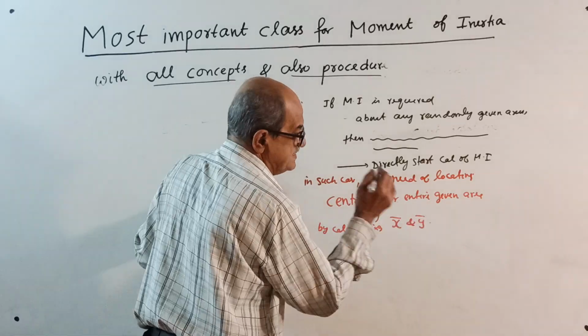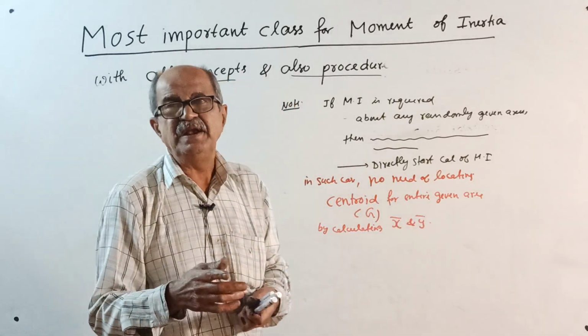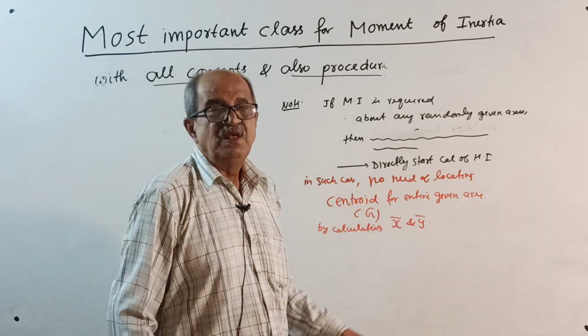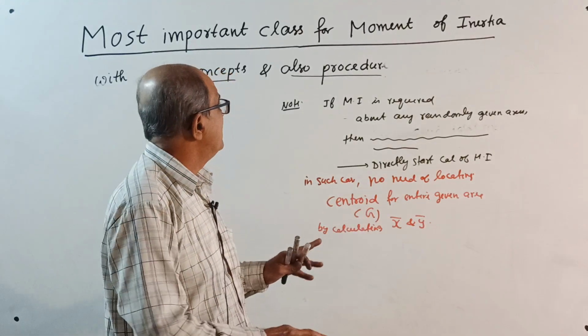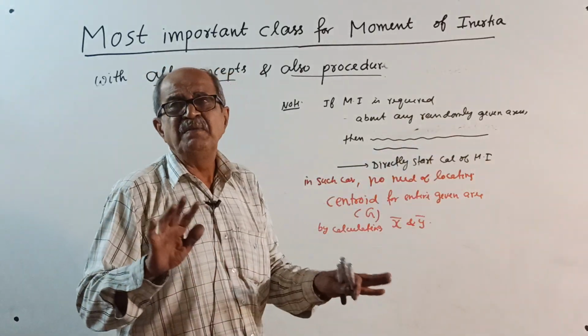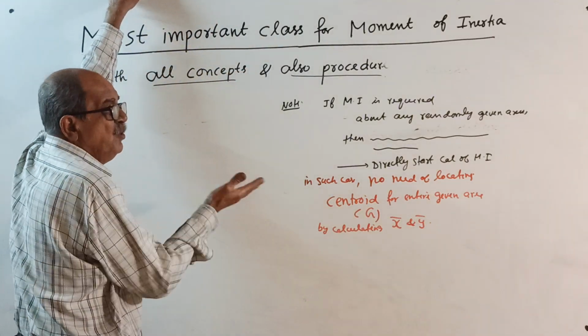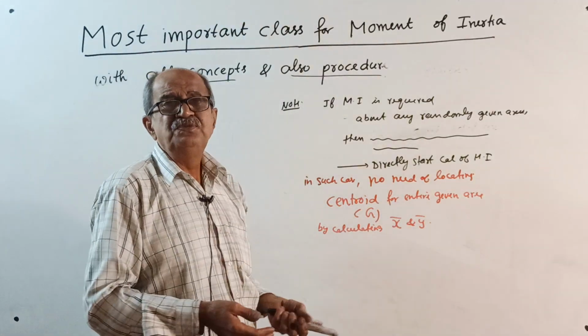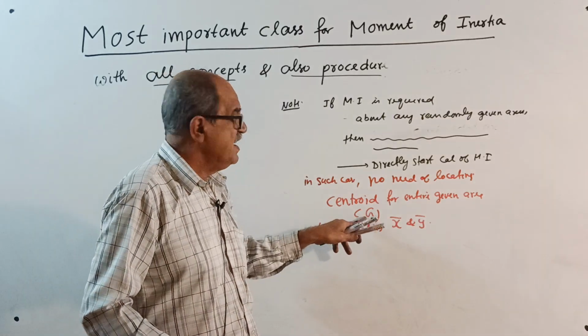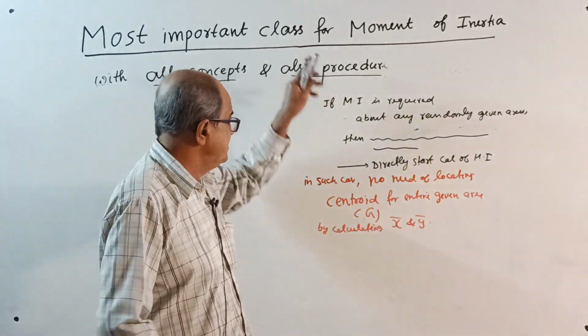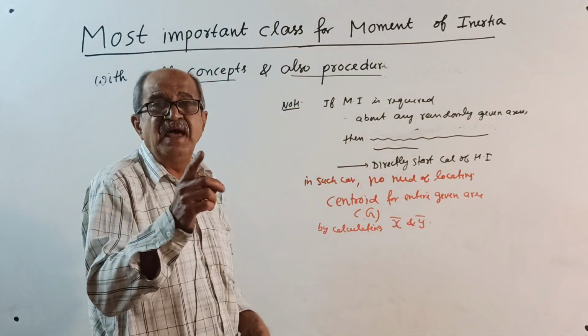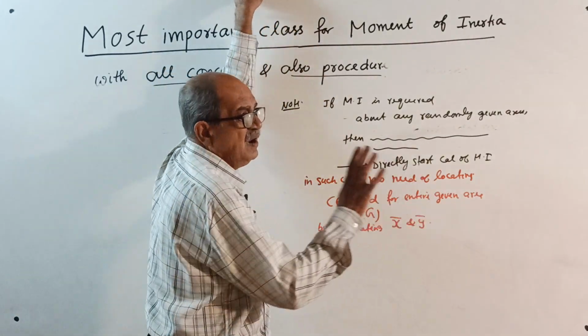I won't explain much now. X bar, y bar, you know it. There is no point in wasting time. So if they want moment of inertia about any randomly given axis, they will ask you, find I about this axis. Then you don't require centroid G for the entire area, and no x bar, y bar.